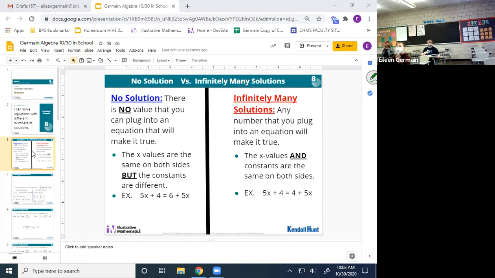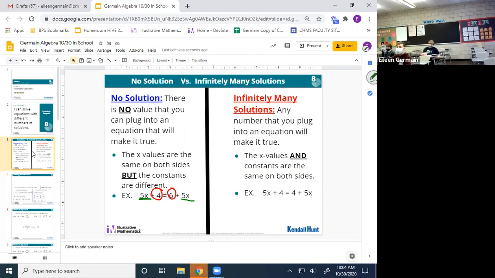The x values or our variables are the same on both sides, but the constants are different. So we had 5x plus 4 is equal to 6 plus 5x. Our variables are the same here, but our constants are different. We have a plus 4 and a plus 6. Does everybody remember that from yesterday?